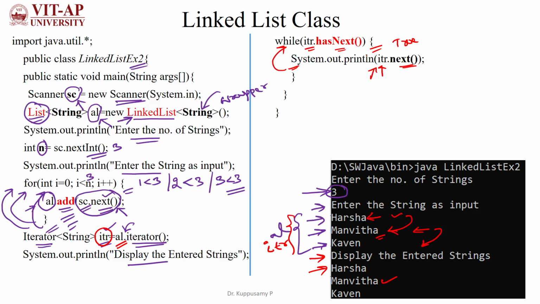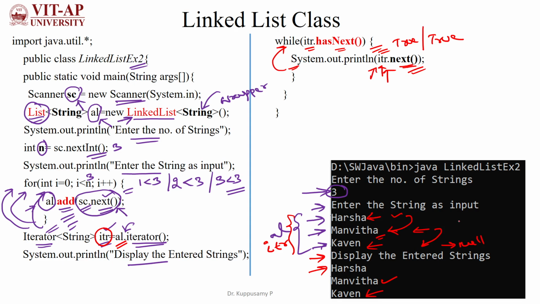Then itr hasNext returns true, gets inside the while loop, printing the current element, Kevin, so Kevin is printed here. Then it moves to the next, and after Kevin there are no elements, that is null.